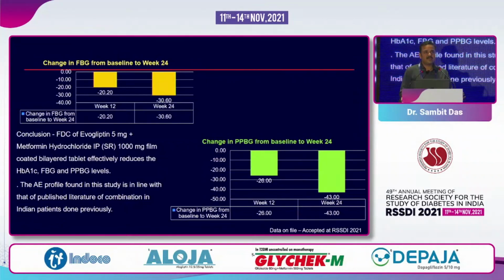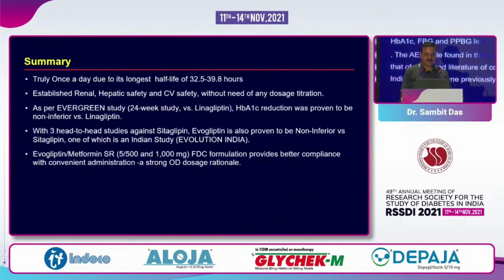The FBG and PPG reduction was also significant at the end of 24 weeks, and the conclusion was that FDC of Evogliptin 5 mg plus metformin sustained release 1000 mg in a bilayered tablet effectively reduces the fasting and PP glucose and also the A1C, and there was no significant adverse event associated with that.